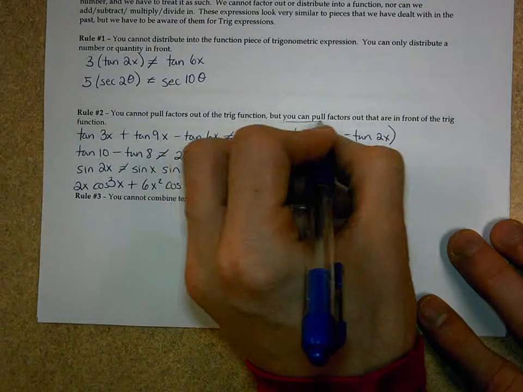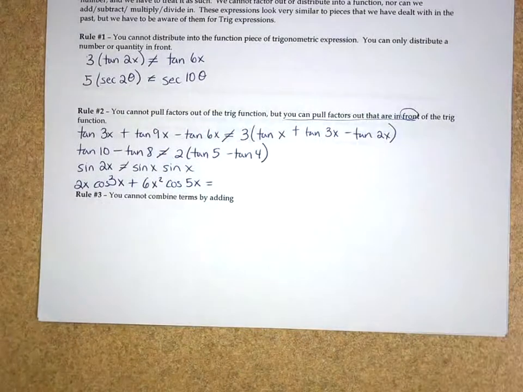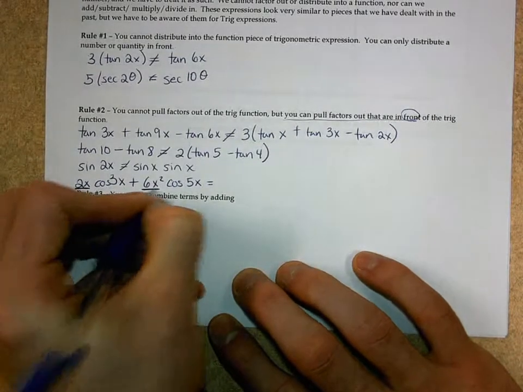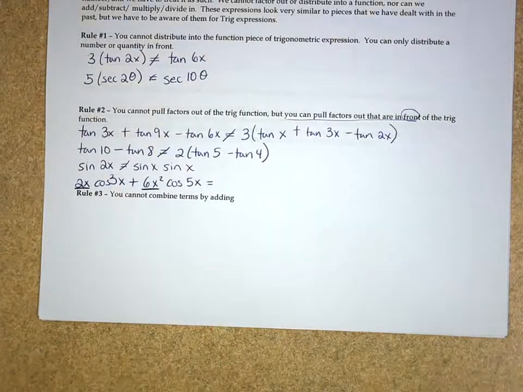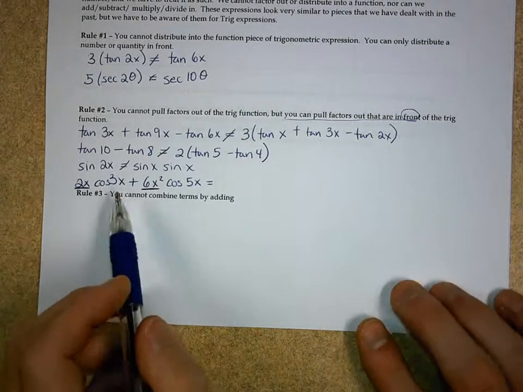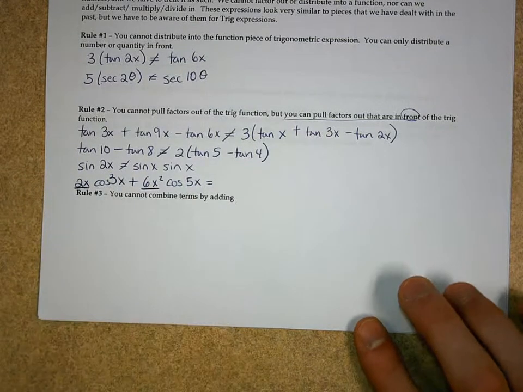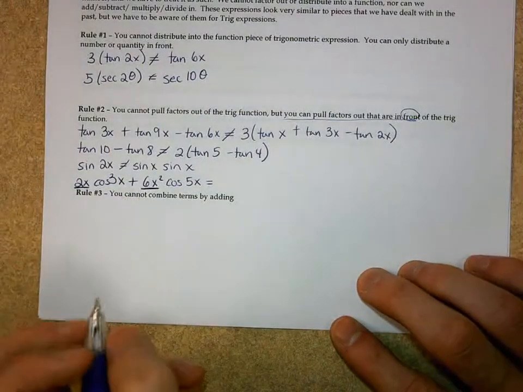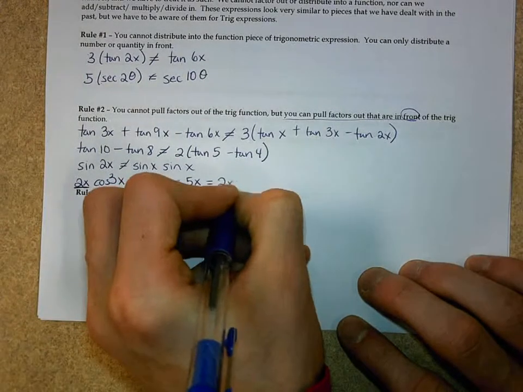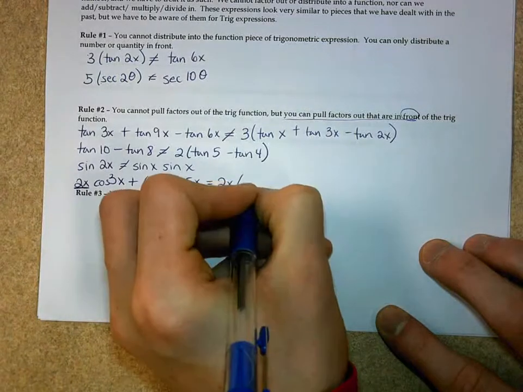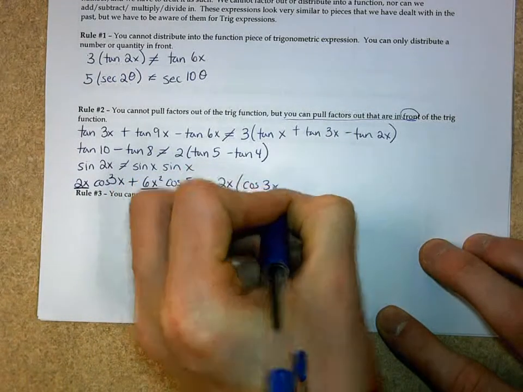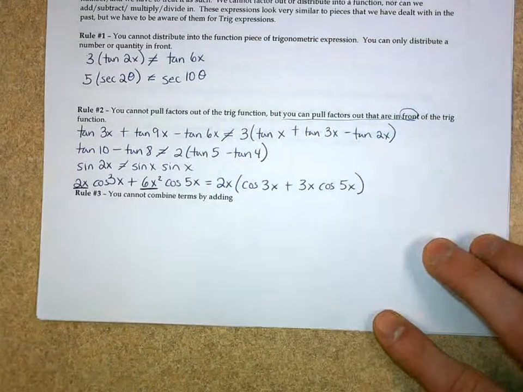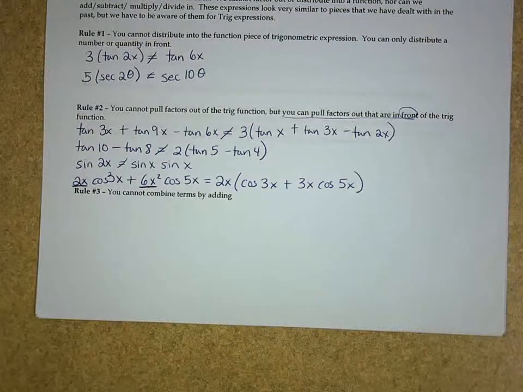With 2x being in front and 6x squared being in front, I can factor out there, but I cannot pull anything out of the 3x and the 5x inside the cosines. So from 2x and 6x squared, I could pull out a 2x, and then I'm left with the cosine of 3x plus 3x cosine of 5x. Perfectly fine for me to pull out something that's in front.